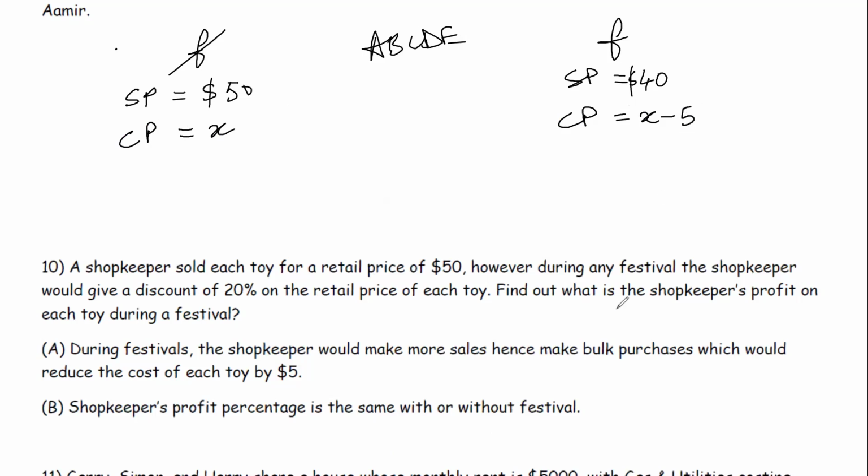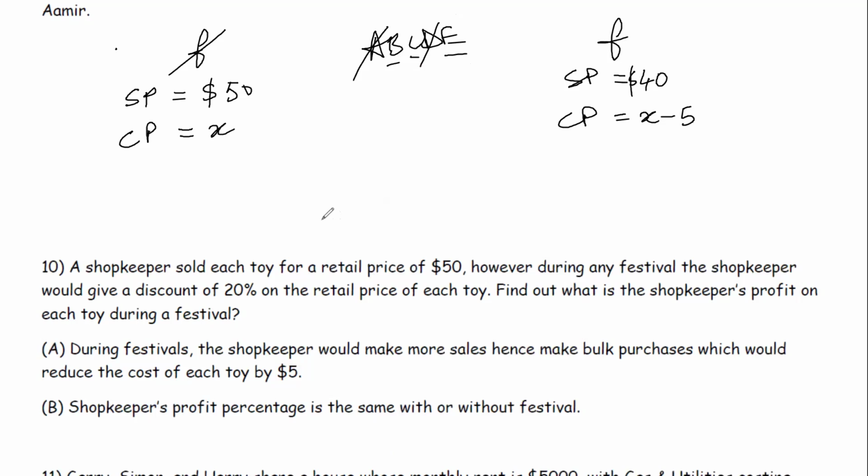Because he's making bulk purchases. But with that information, we don't know what the shopkeeper's profit on each toy during a festival is, because X is not known. So therefore, A doesn't answer, so it is B, C, or E.